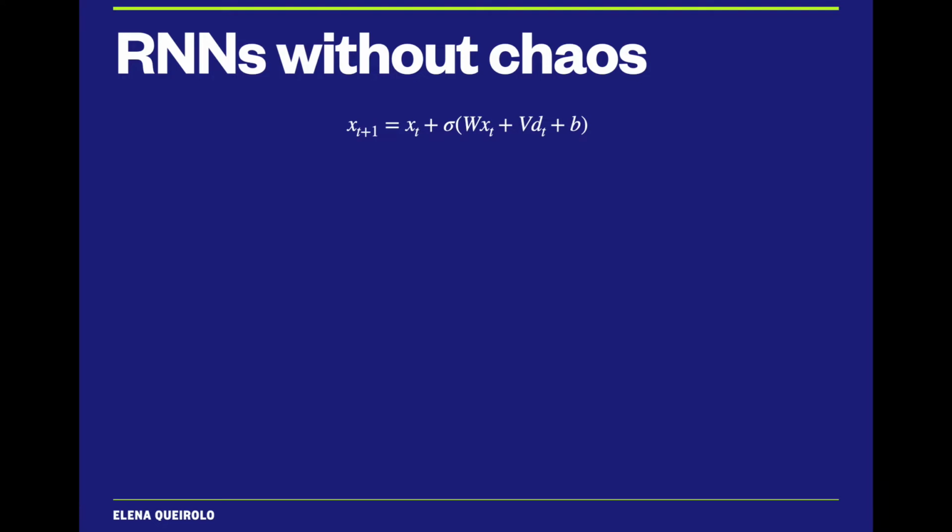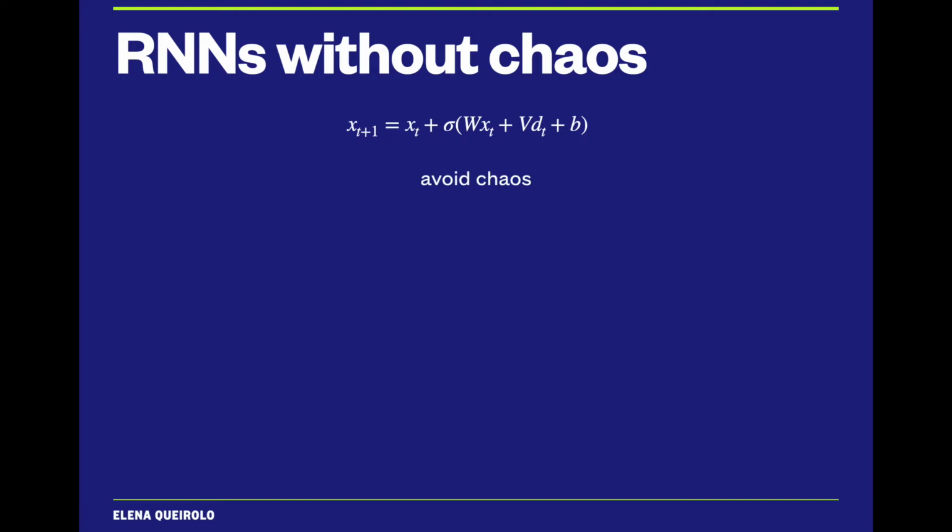We also want to specifically look at a setup of RNNs without chaos. So if the matrix W is chosen with all generality, we might have the situation in which the behavior of our layers tends to be chaotic with respect to the input. And that's definitely not something that is interesting in practice.